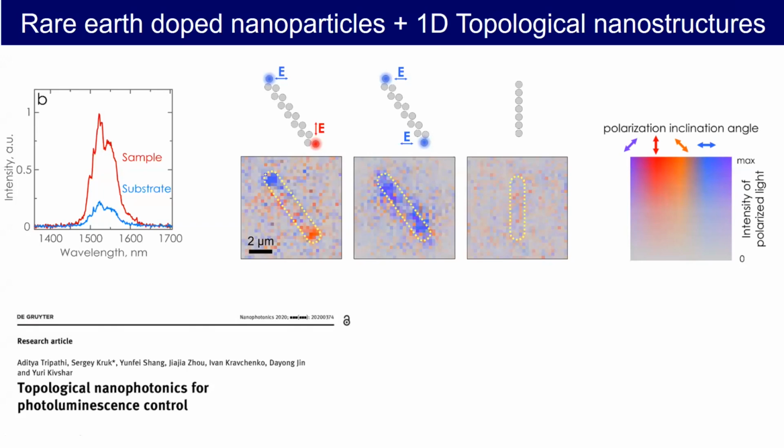Normally, controlling polarization from such nanoparticles requires precise alignment of each single nanoparticle, which is very difficult to achieve with basic methods like spin coating. But by means of coupling with topological nanostructures, we can observe polarized emission without spending a lot of money on fabrication procedures.